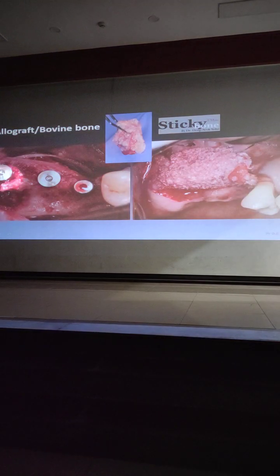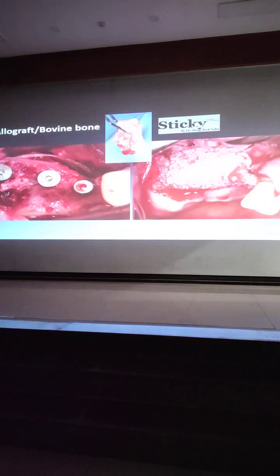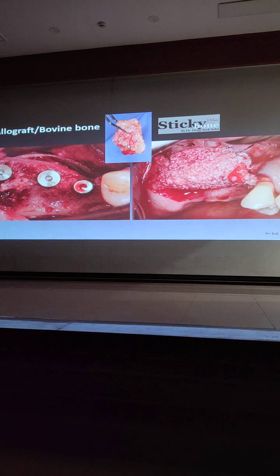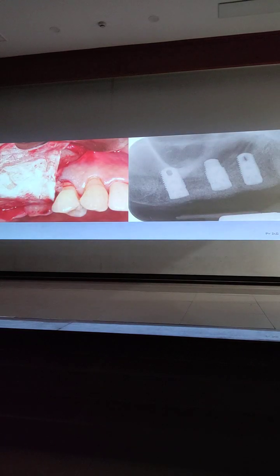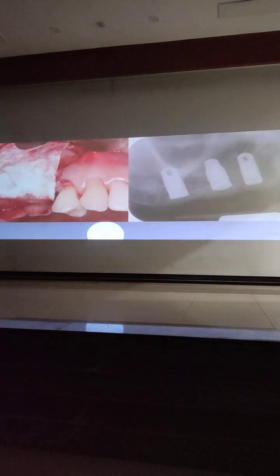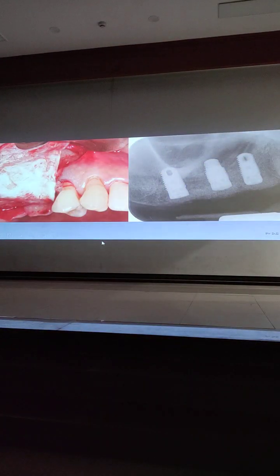And I placed the bone for horizontal and vertical regeneration. In this case, I placed the collagen membrane over the bone graft, but no membrane tacks, no membrane stabilization screws were used. I don't like to do time-consuming procedures.